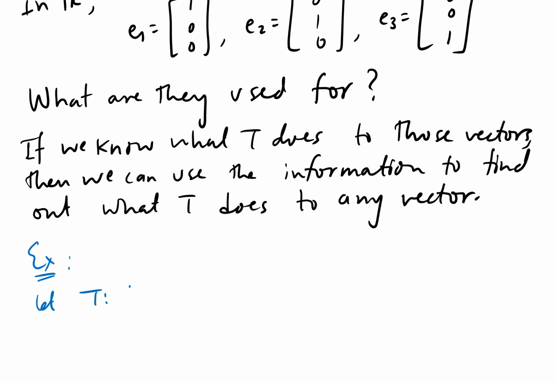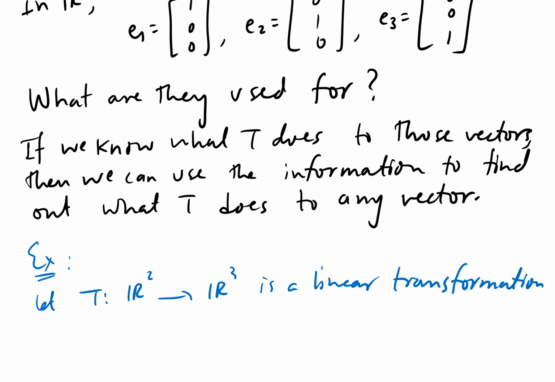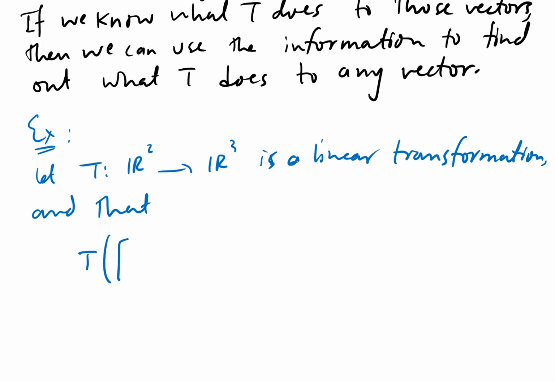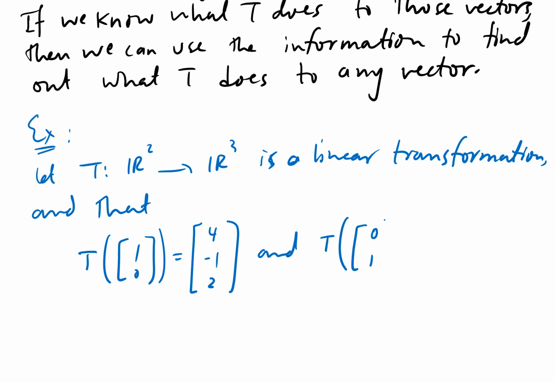Let T map R2 to R3, and T is a linear transformation. Linear transformation means you can use the properties of linear transformations, and that T(1, 0) = (4, -1, 2) and T(0, 1) = (0, 2, 3).